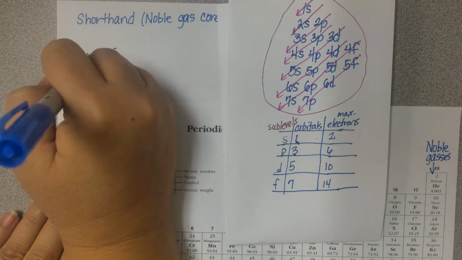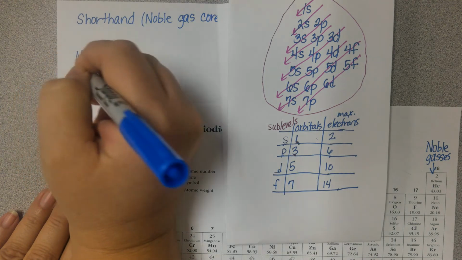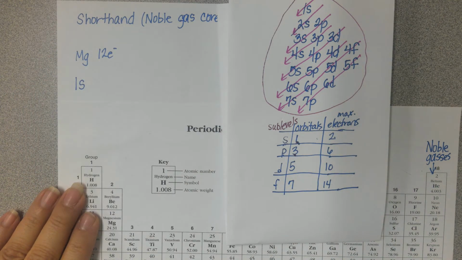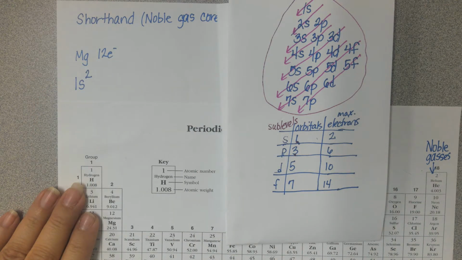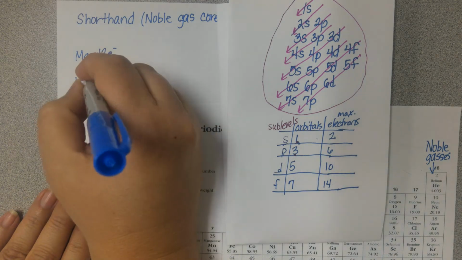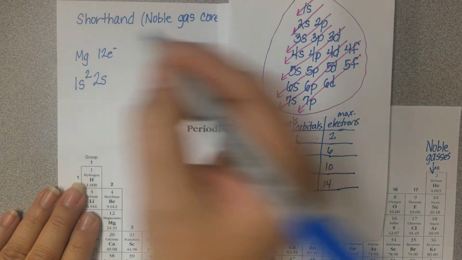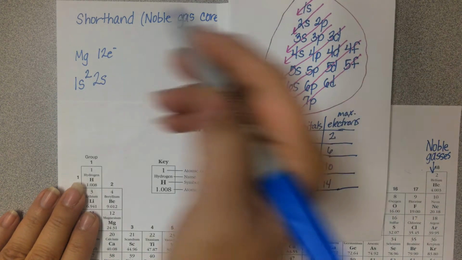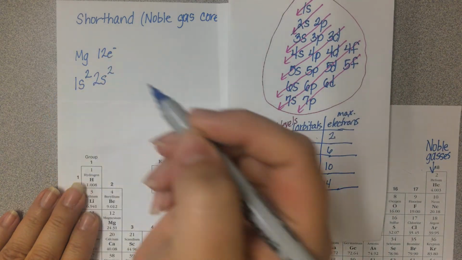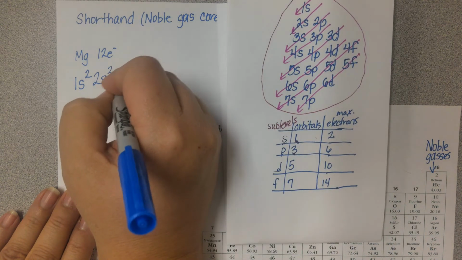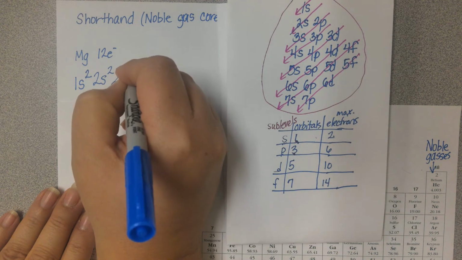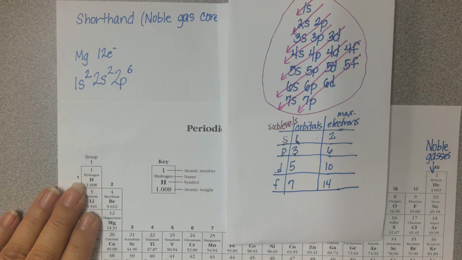So for magnesium, we're going to start at 1s like we always do. And an s sublevel with one orbital can hold 2 electrons. And then 2s comes next according to our Aufbau diagram. 2 electrons can go there. After 2s, we have 2p. P sublevels have 3 orbitals, so they can hold 6 electrons.